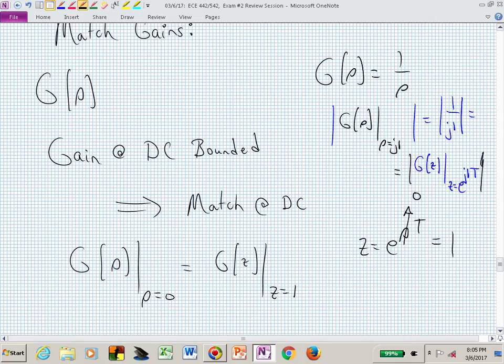Do you see why we've been focusing on DC and infinity when things are well behaved at infinity or DC? It gets kind of messy when it's not. But you have the tools to do it.